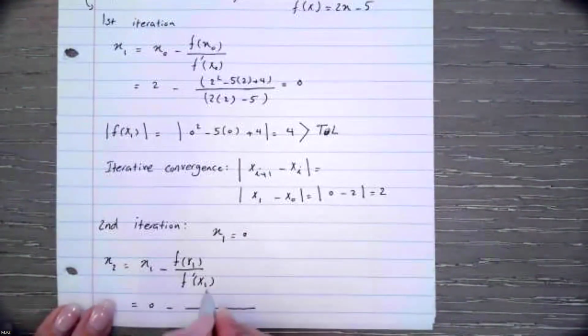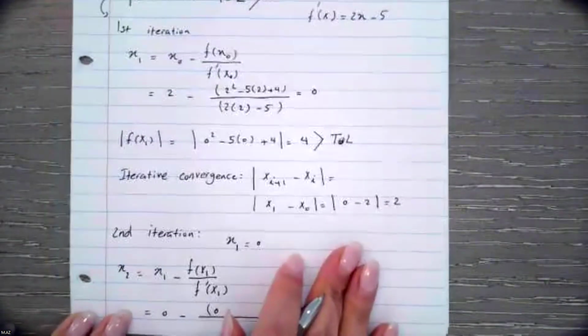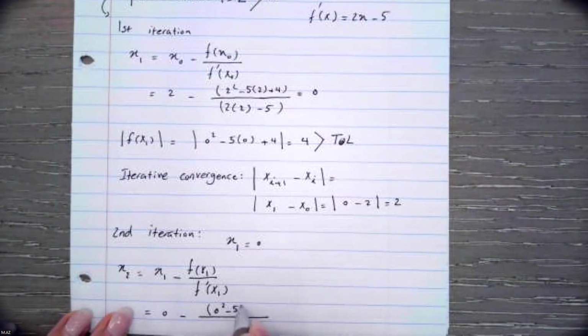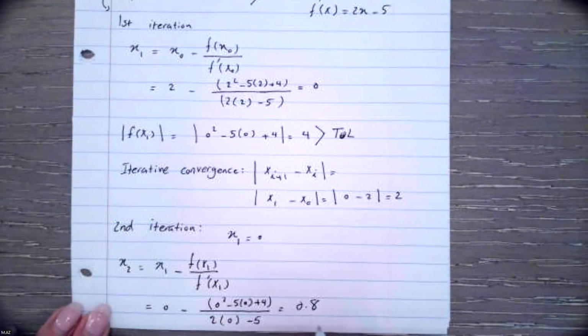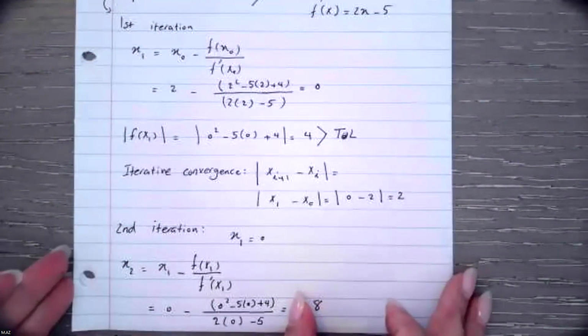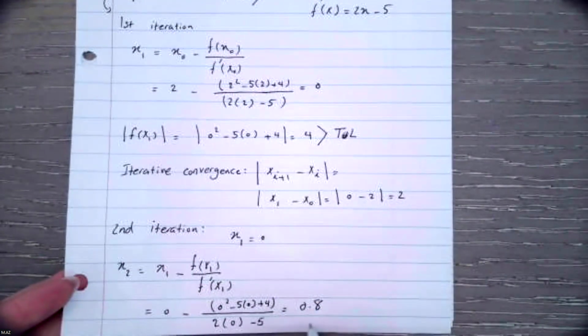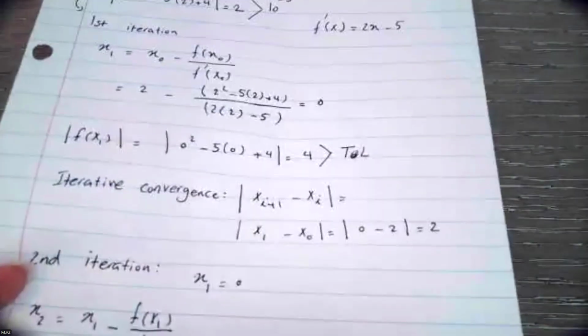This means this is our function. The answer is 0.8. This is the value of x for the second iteration. Now we have to check the residual, to understand whether this answer is acceptable or not.